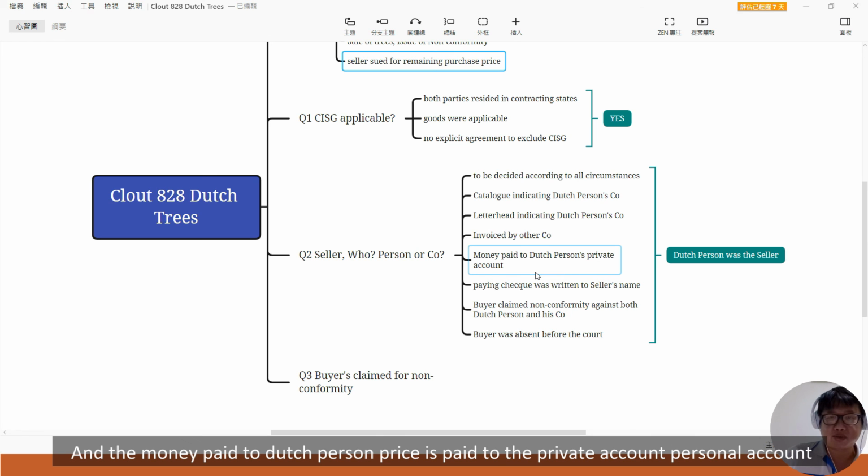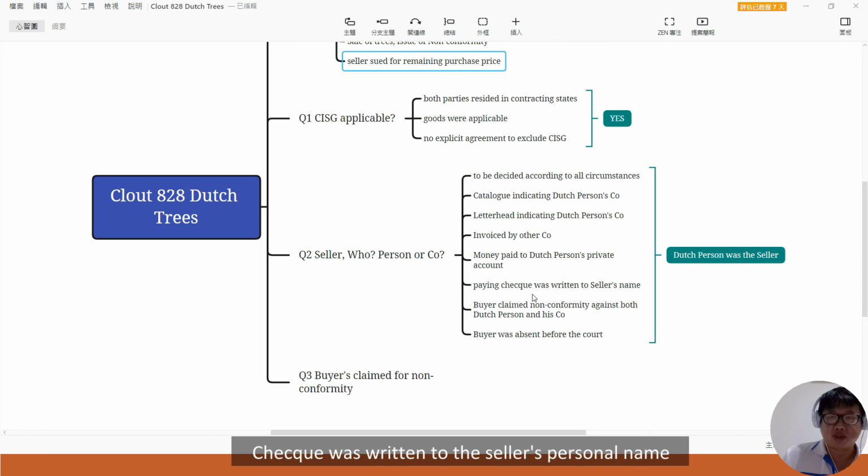The money was paid to the Dutch person's private, personal account, and the check was written to the seller's personal name. The buyer claimed against both the Dutch person and his company.